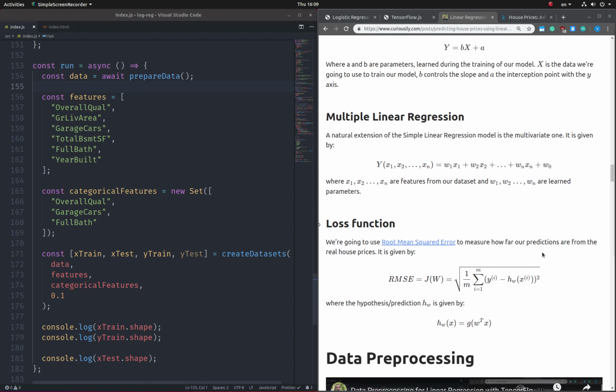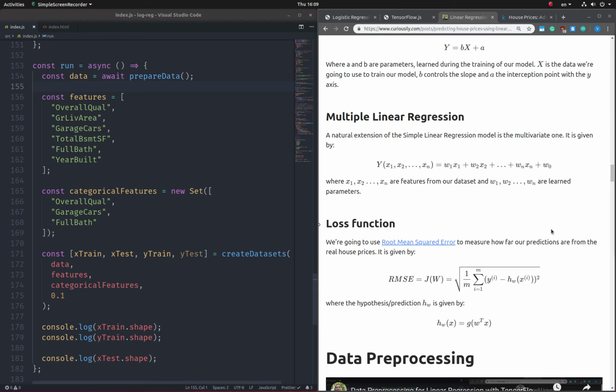Okay, so as in all of our models, we're going to need a loss function, something that is going to measure how good our predictions are, and based on that the model should be improved.